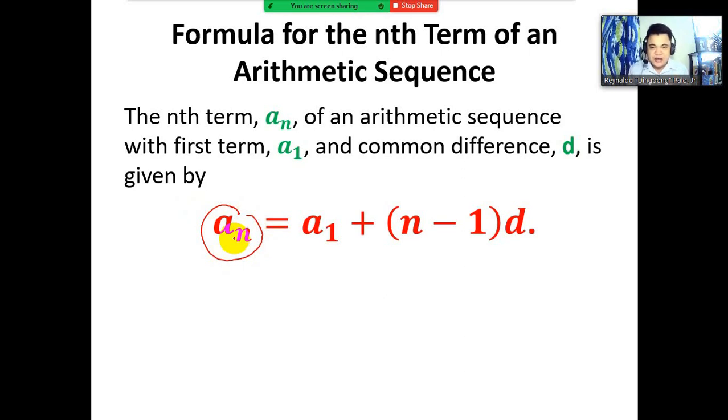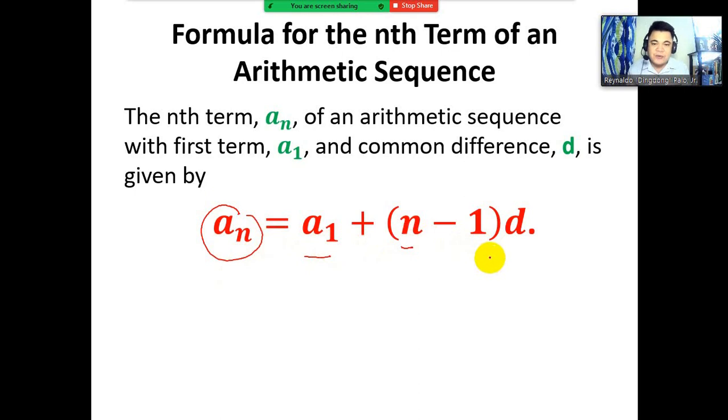It is defined as the nth term, a sub n, of an arithmetic sequence with first term a sub 1 and common difference d is given by a sub n, which is the term, equals a sub 1, the first term, plus n, number of terms, minus 1 times d, which is the common difference.